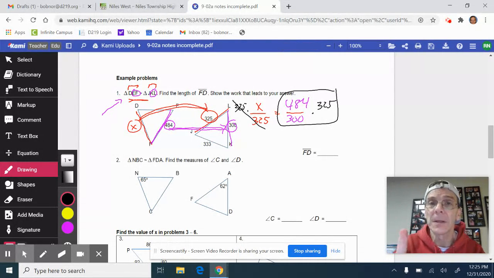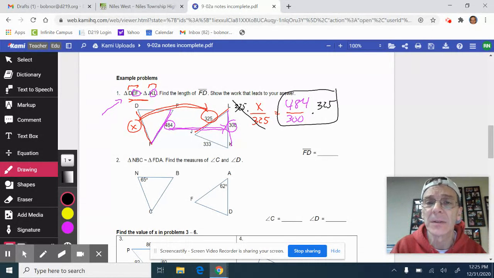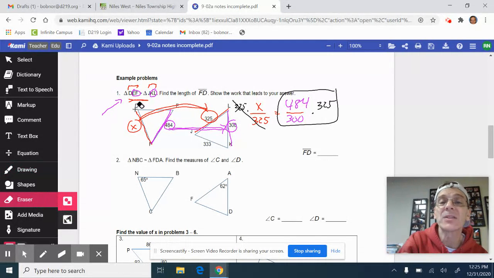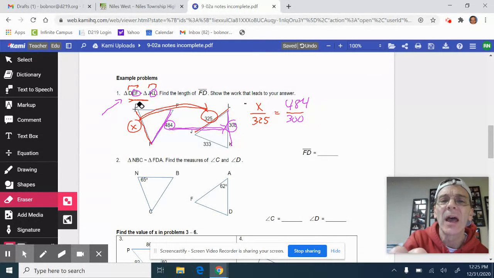Now, let me say one other thing before I go on to any other examples. I know, because I used to sit where you sit, that the way I have set up this problem may seem to you unnecessarily complicated, overly sophisticated, very math teacherish, and you're not going to do it that way.